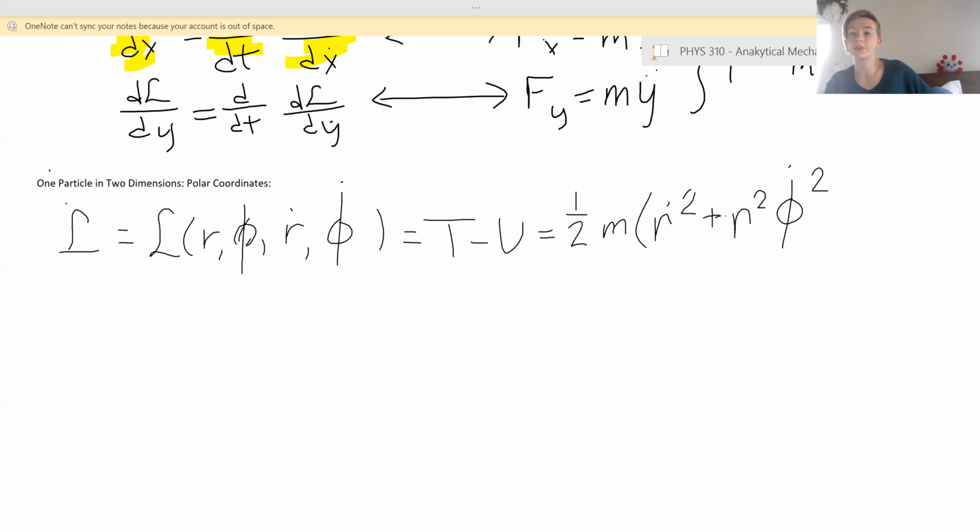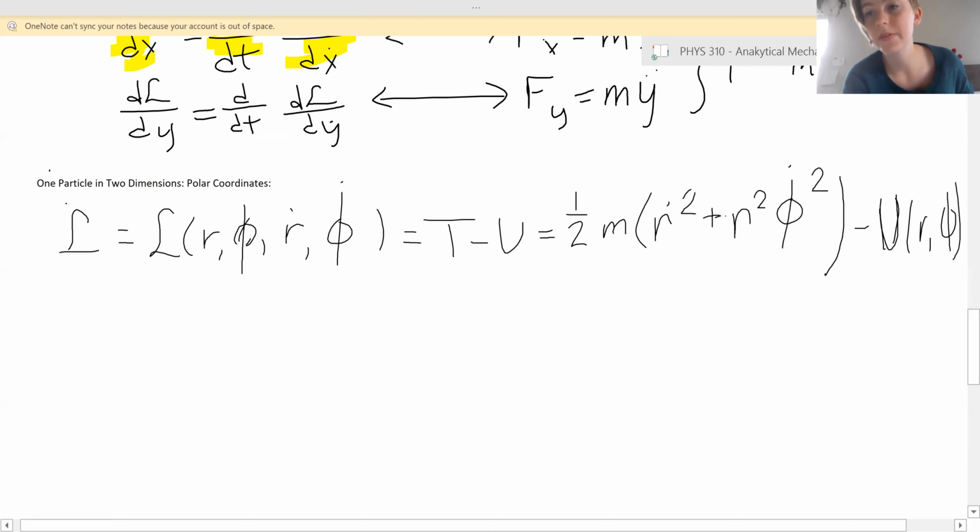And then they're both getting squared in this equation. So that's just an important thing to keep in mind. And then we do subtract that general function again, where we just note that there is potential energy.